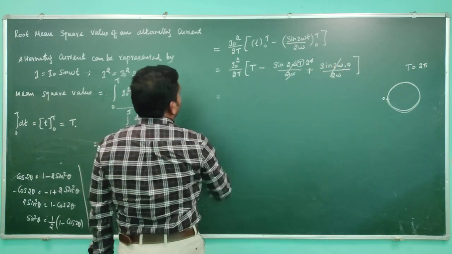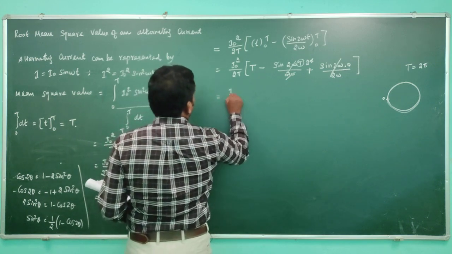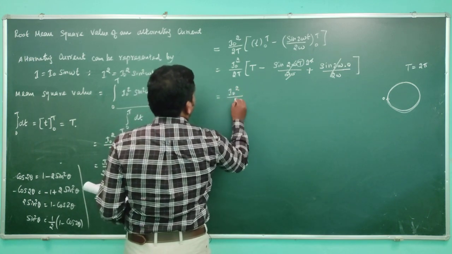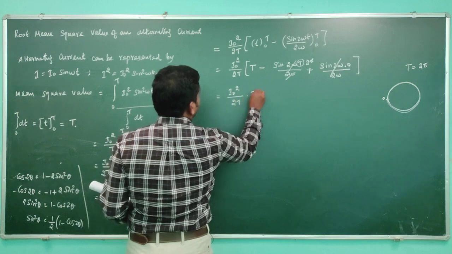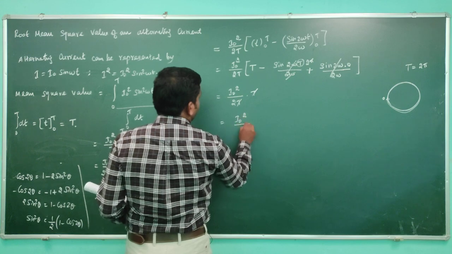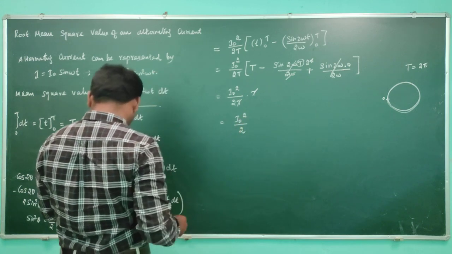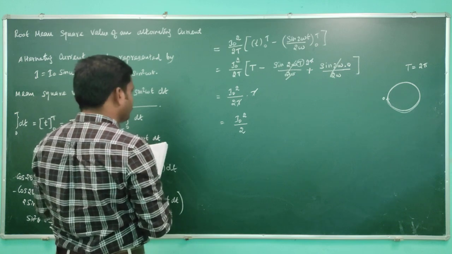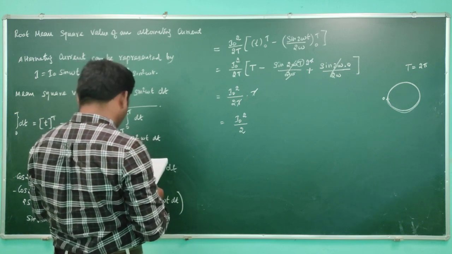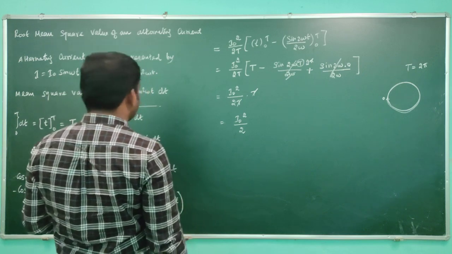So what we have in hand is I naught square by 2T into T, this T will cancel out, so I naught square by 2. Right? So this is the mean square value.